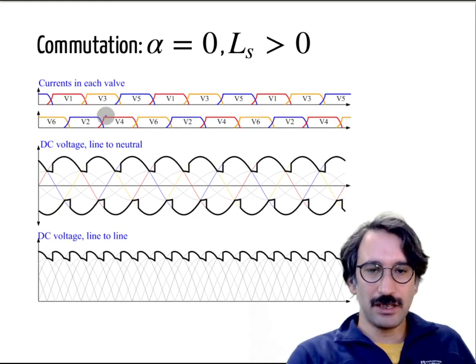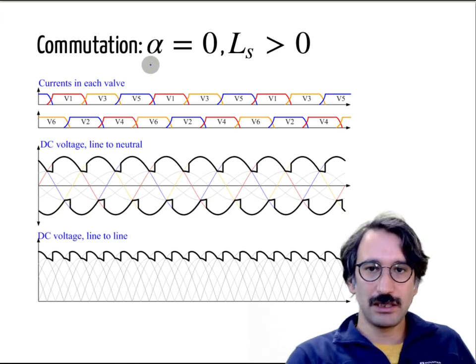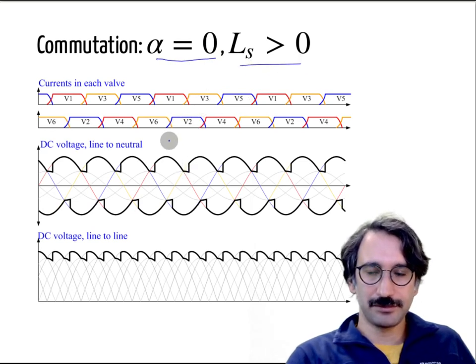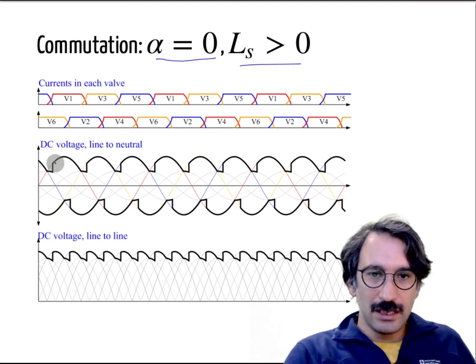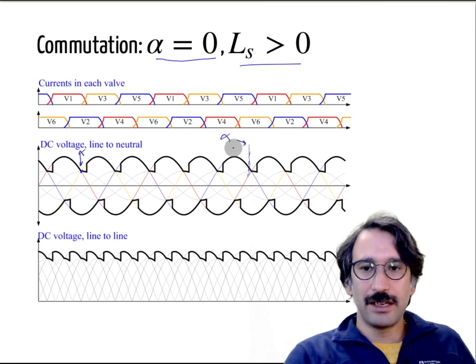And this is the case we discussed for the diode rectifier, when the firing angle is equal to 0, and we have non-ideal grid inductance. Instead of just firing at that point, so this is where you apply the firing angle, that is the 0 point.